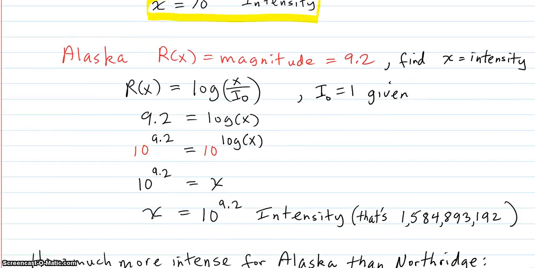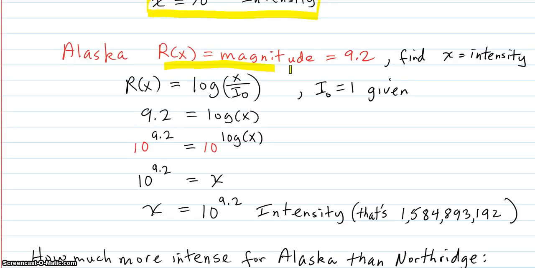Okay, so for the Alaska, the magnitude was 9.2, and we're trying to find the x intensity. So the magnitude was 9.2, the I0 was 1, so log of x is 9.2. I'm using method 2. I put 10 as a base on both sides of the equation. So if these two numbers are equal, 10 to those numbers ought to be equal. 10 to the log x undoes the log and just gives me back x.